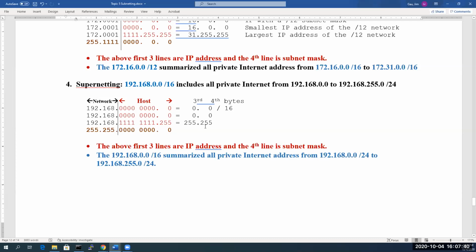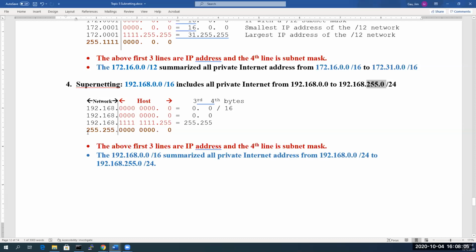So if we use /16, then your smallest number is 0.0 and your largest one is 255.255.